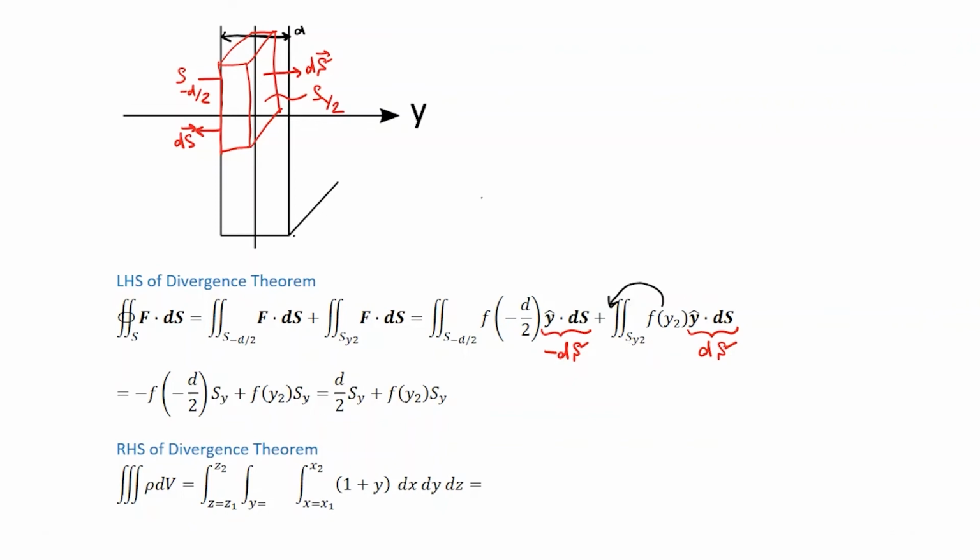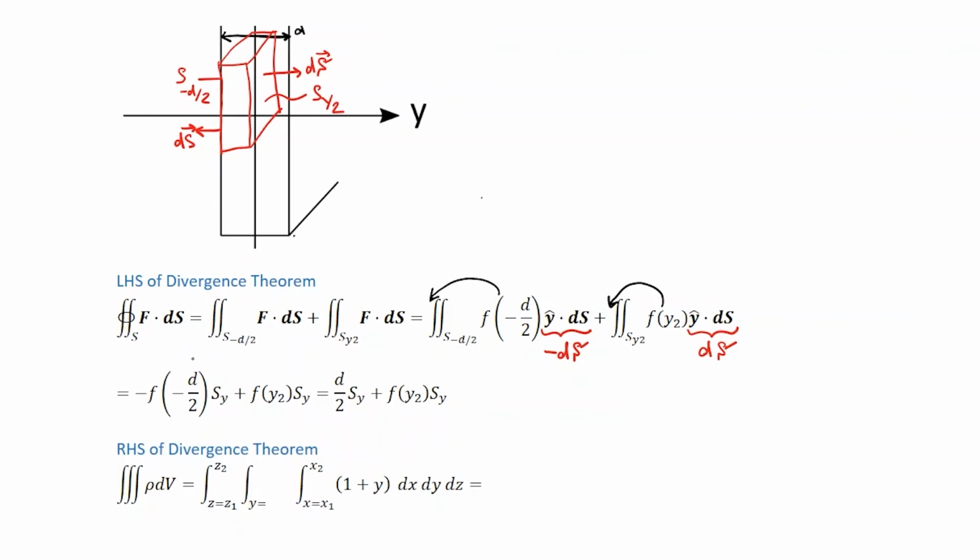Now you see I removed the subscript because this surface area and this surface area are the same, so I don't need to distinguish between the two. This is for this term. Now, for this term, I have a negative. This is how it ended up here. This is a constant, so it comes out of the integral, and I'm left with the surface area of this surface, so here I put Sy.